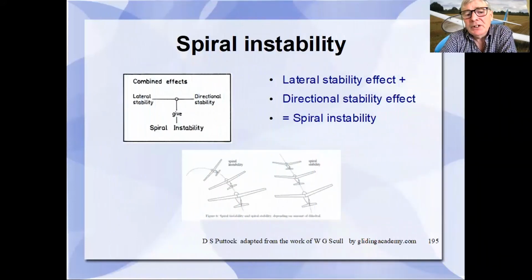So the combined effects of lateral stability and directional stability is what gives us spiral instability. The more stable it is in these, the more stable it is in spiral terms, and the less stable it is, the more unstable it is in terms of spiral instability.